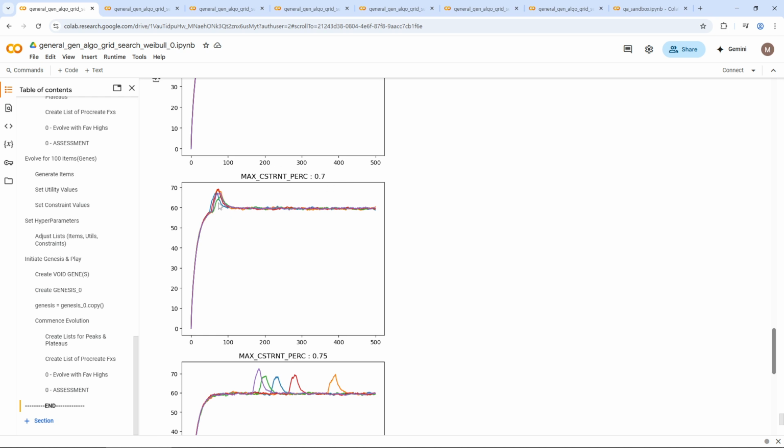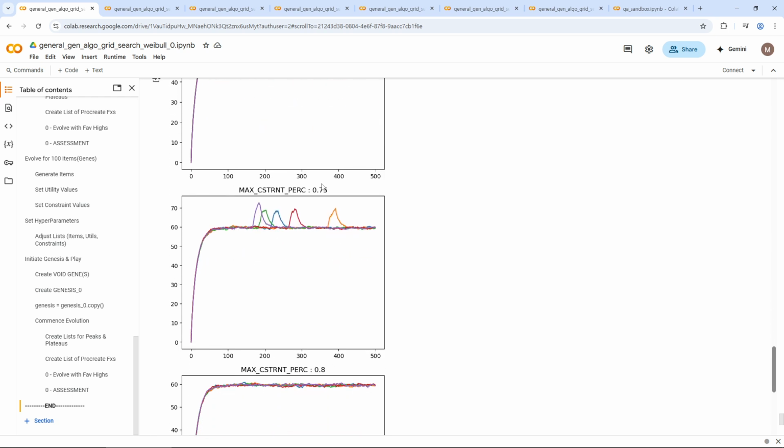At 70%, same story, peaking up to slightly less than 70, and then back down to plateauing at about 60. At 75%, we do have peaks at different times, but eventually they all come back down to plateauing at around 60.